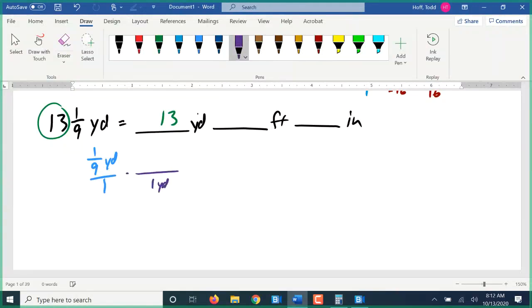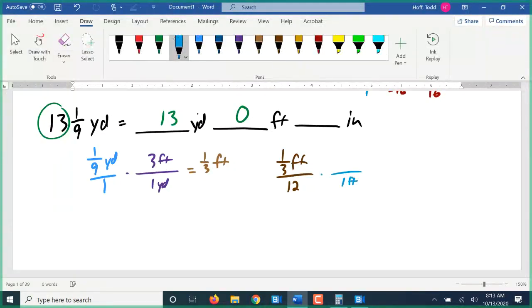1 yard is 3 feet. Well, 1/9 times 3 feet is 1/3 of a foot. So that's 0 whole feet. There are no whole feet there, so it's 0 whole feet for that one. And then I'm going to take my 1/3 foot and convert it into inches.